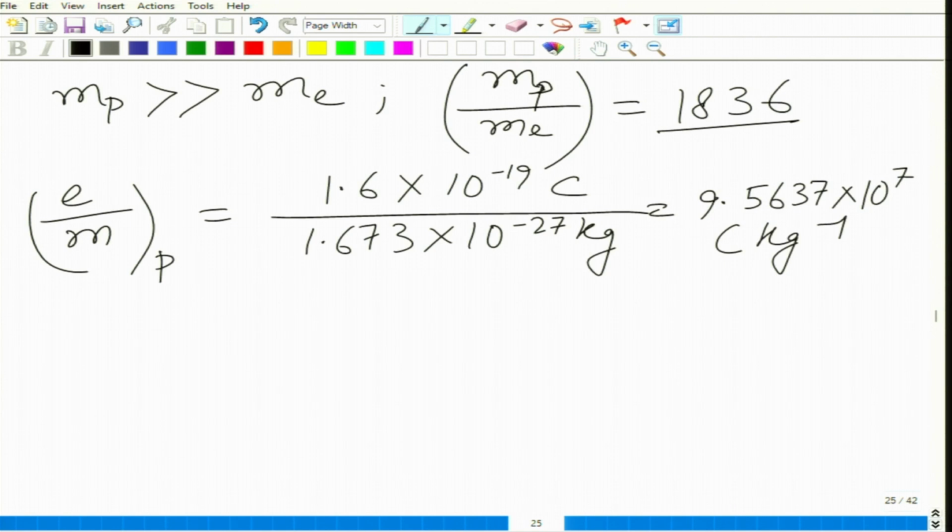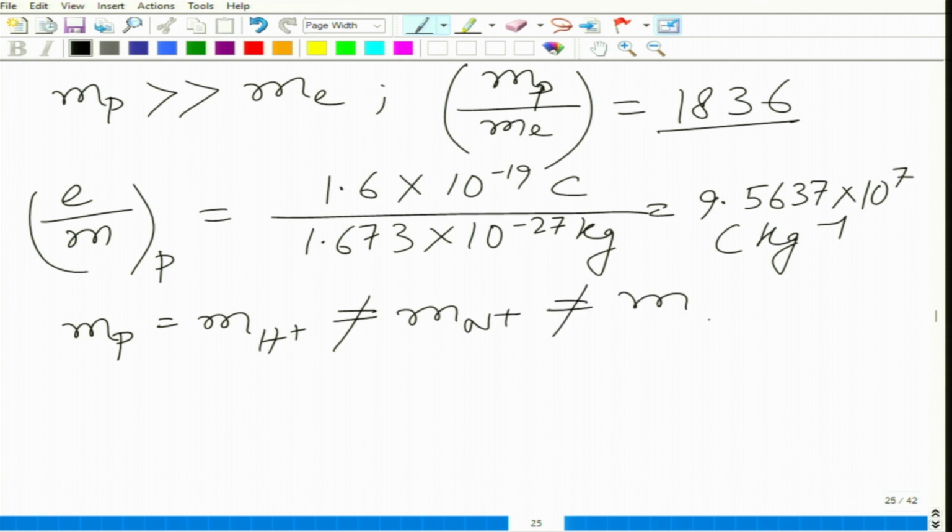This was the charge to mass ratio for a proton, and the important factor here was that the mass of proton, the mass of the hydrogen ion, was not equal to the mass of N plus, not equal to the mass of O plus, and so on. Okay. So this was the conclusion from the anode ray experiment.